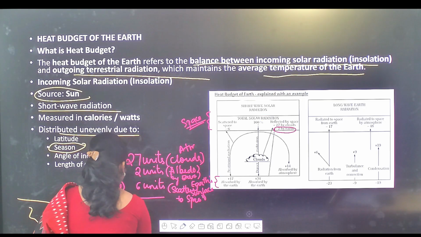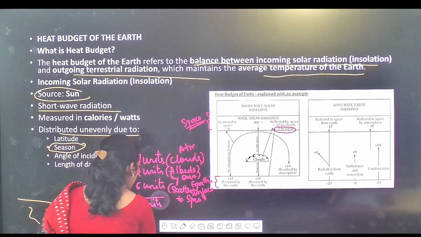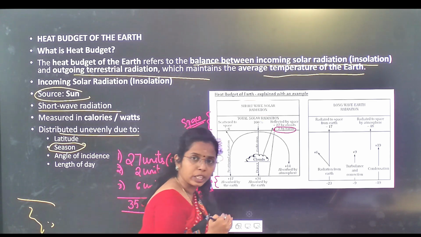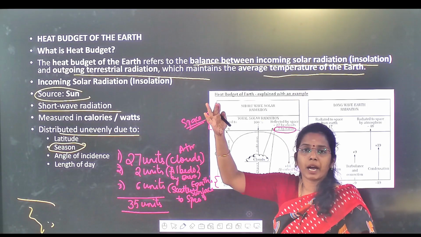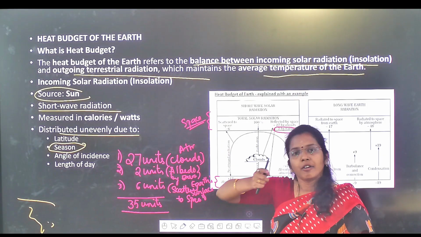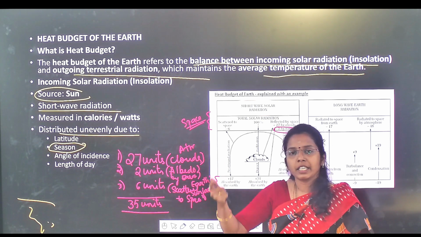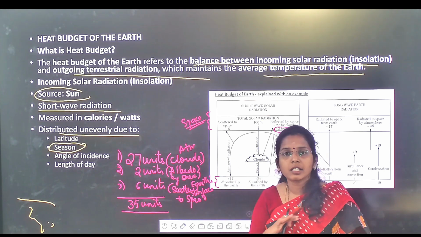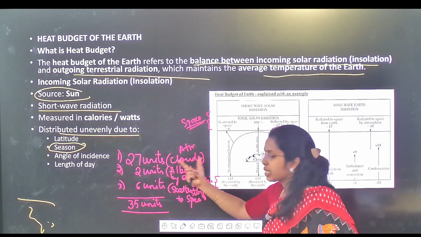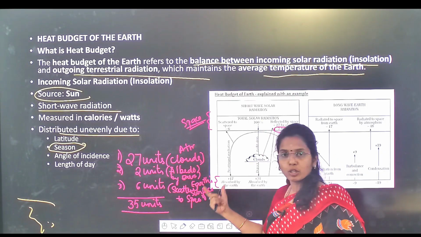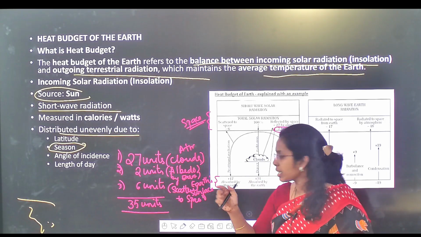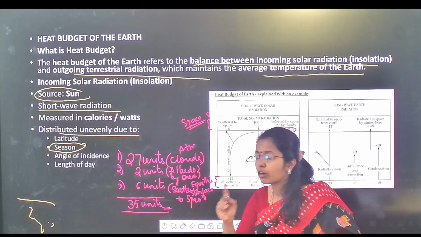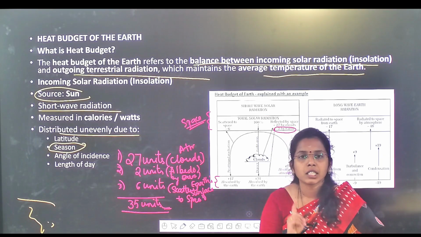Total how many units reflected back and scattered? Total 35 units. Out of 100, 35 units are reflected and scattered back to space, not absorbed by earth's surface: 27 units from clouds, 2 units because of albedo effect and 6 units because of scattering into space.